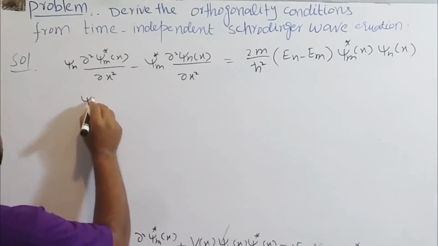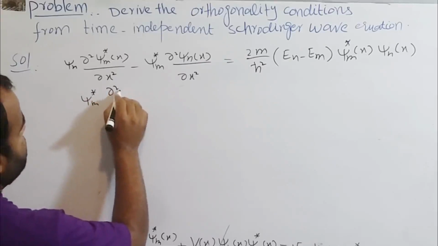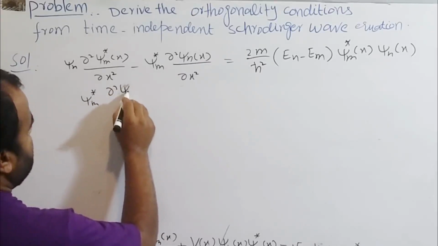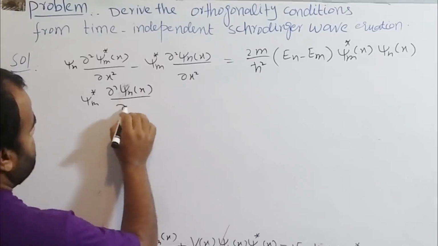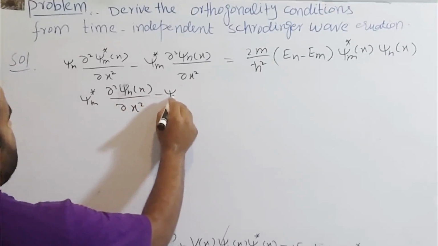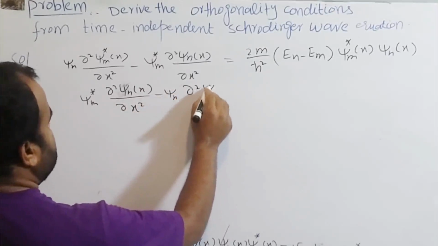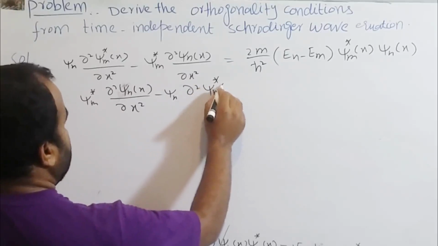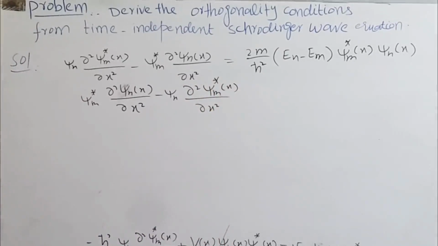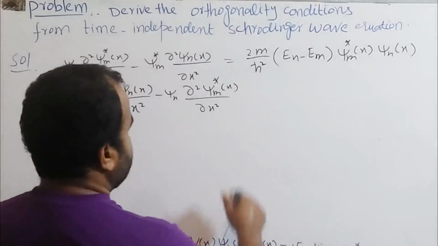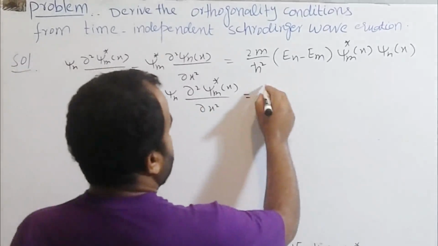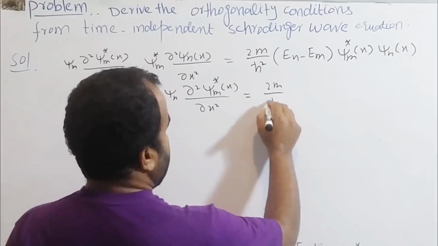So ψm* ∂²ψn of x divided by ∂x², minus ψn ∂²ψm* of x divided by ∂x², and this is equal to 2m divided by ħ².